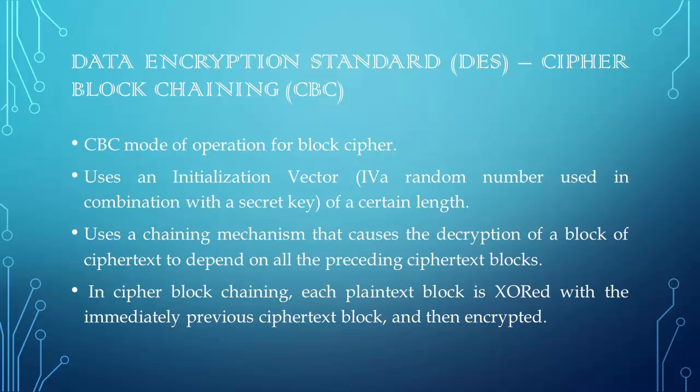A single bit error in a ciphertext block affects the decryption of all subsequent blocks. Rearrangement of the order of the ciphertext blocks causes decryption to become corrupted. Basically, in cipher block chaining, each plaintext block is XORed with the immediately previous ciphertext block and then encrypted.